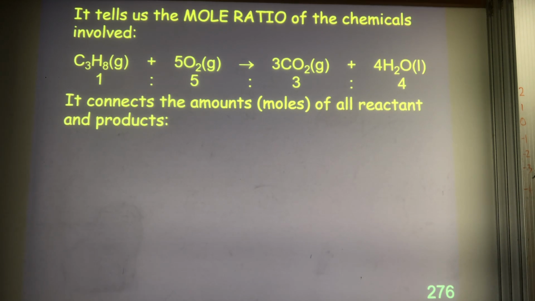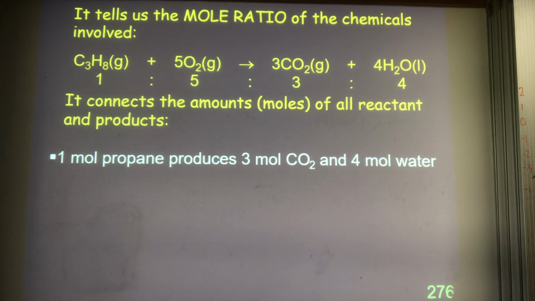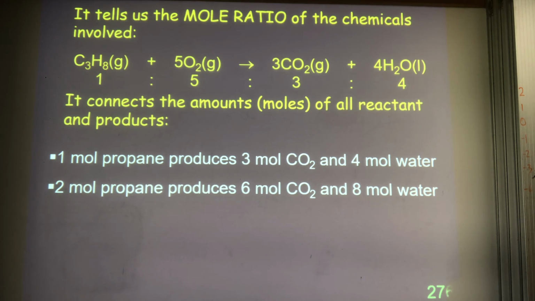So if we know 1 reactant or product, we can use those ratios to work out the amount of any other reactant or product in that equation. Applying it directly to that equation, 1 mole of propane will produce exactly 3 moles of carbon dioxide and 4 moles of water.